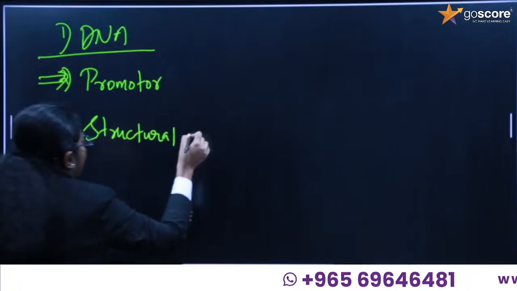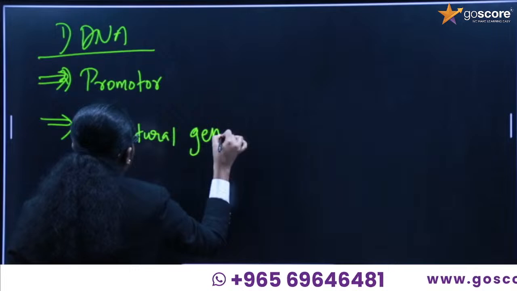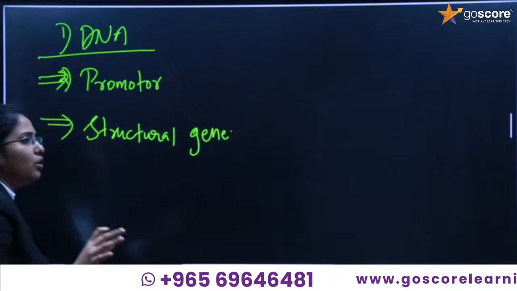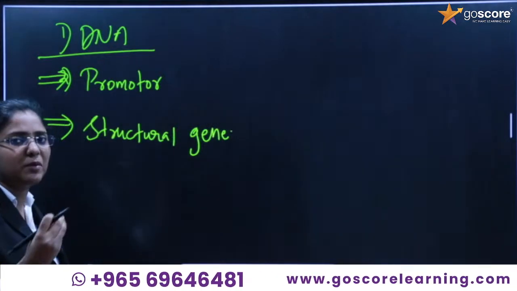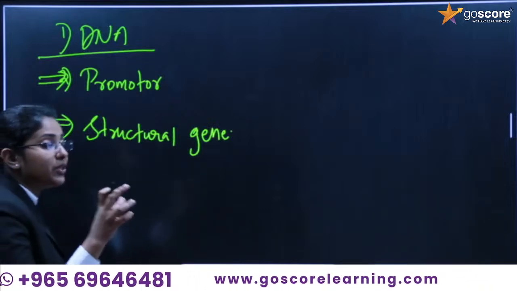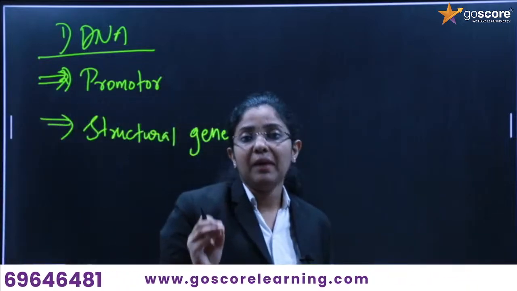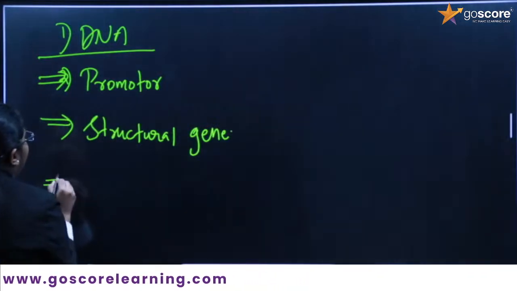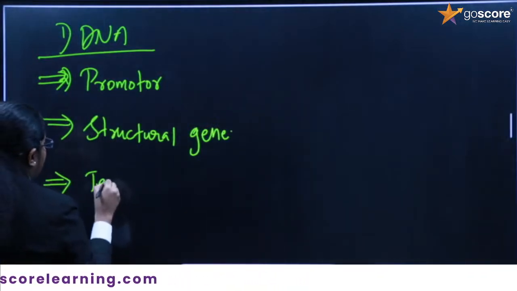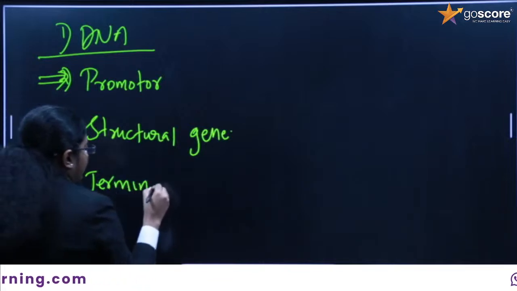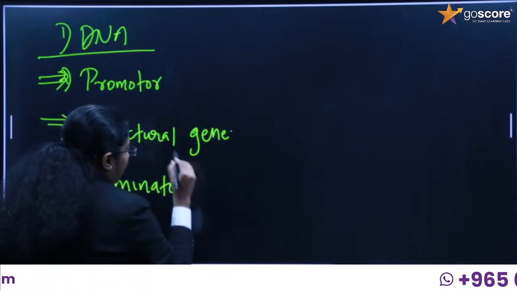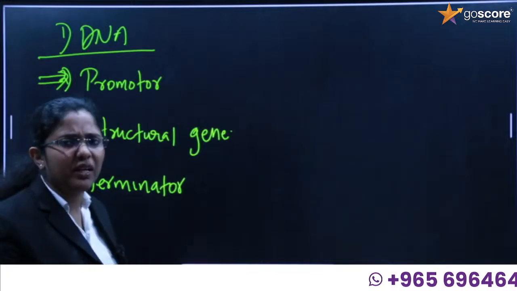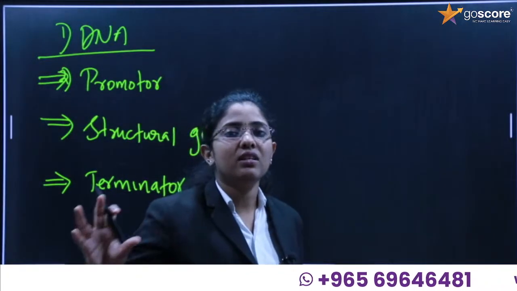Inside DNA there is a region called the structural gene, where complete transcription occurs, and that particular site will give you the mRNA or the RNA. The third one is the terminator region. Terminator site means where termination occurs.